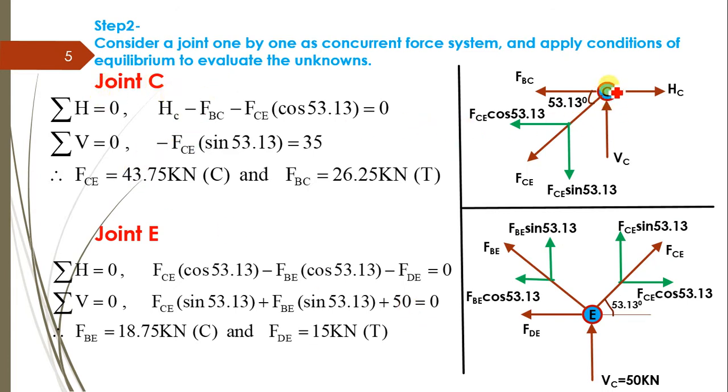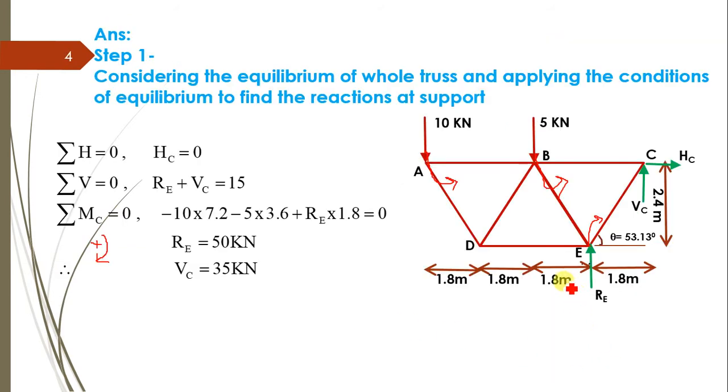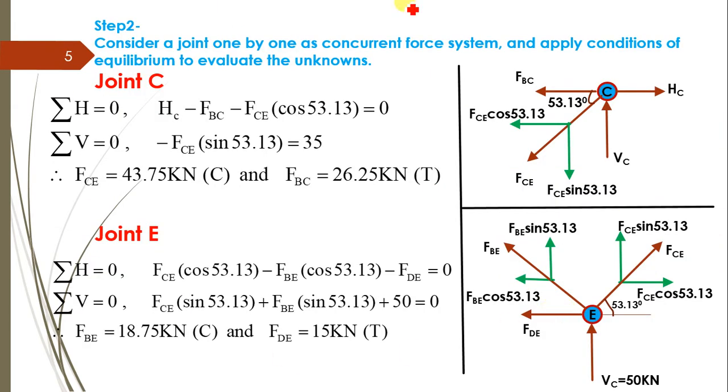Releasing the joint C, at joint C there is a member BC and a member CE, and then the reactions VC and HC. Here the reactions VC and HC are shown, then member BC. Initially we assume all the member forces are tensile, and when solving, if we get a negative sign, it means our assumption is wrong and the member force is acting in compression. BC is shown as a tensile force, and the angle is 53.13.